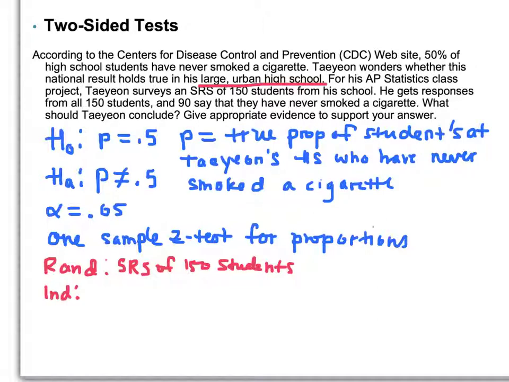Large urban high school. So it seems reasonable if I take 150 times 10, we can just say it seems reasonable to assume that there are more than 1,500 students at his large high school.